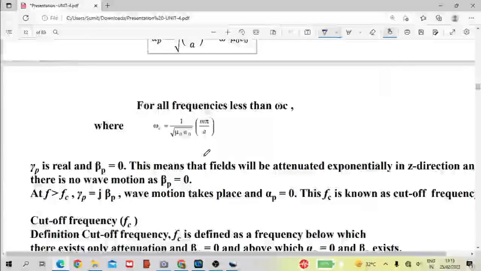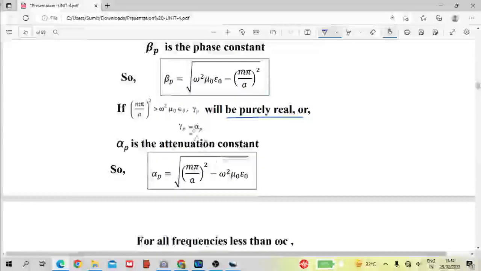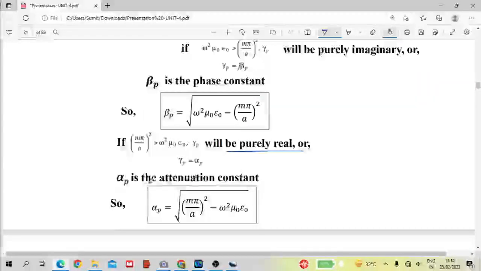So for all frequencies less than omega c, we can find out the cutoff wavelength here. Now what is this omega c? It is called the cutoff frequency. Now what is cutoff frequency? Here, if this term is greater than this, then the propagation will stop.